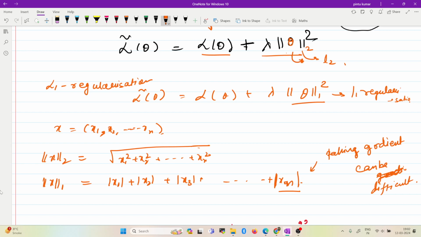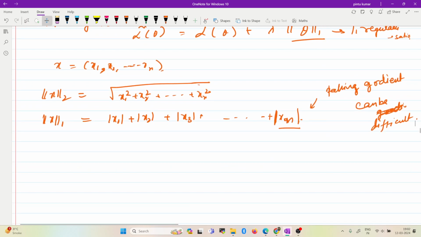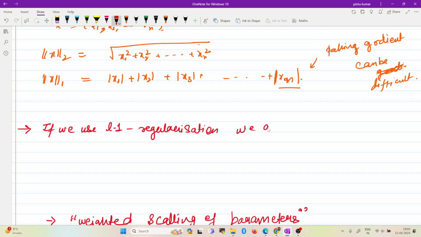One more very small comment. I'm not sure if there is any question in your assignment on this, but it is a very common question: why does this happen? I'm not going to talk about it, but one thing I will mention is that if you use L1 regularization, we get more sparse parameters, a sparse weight vector.